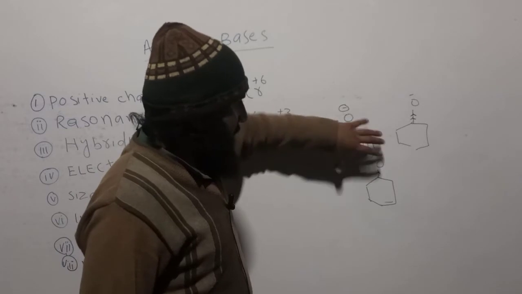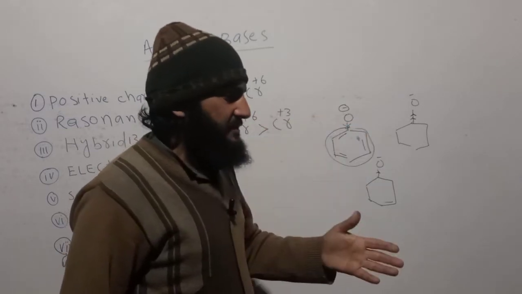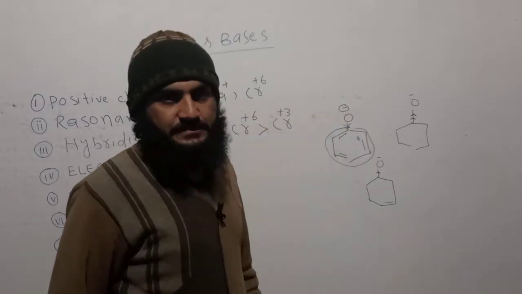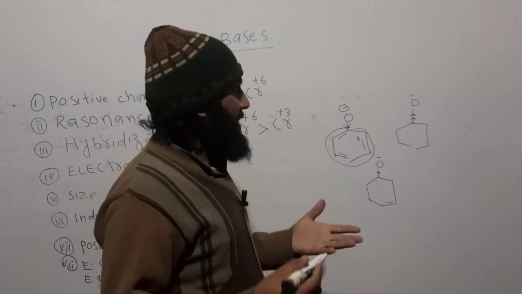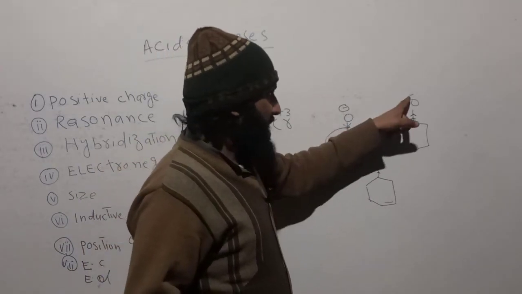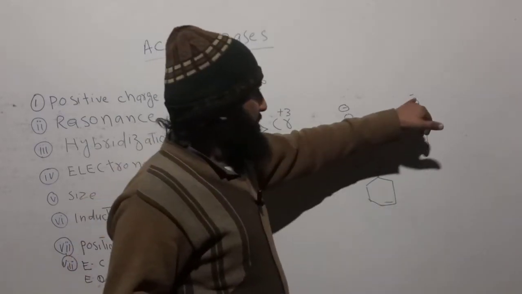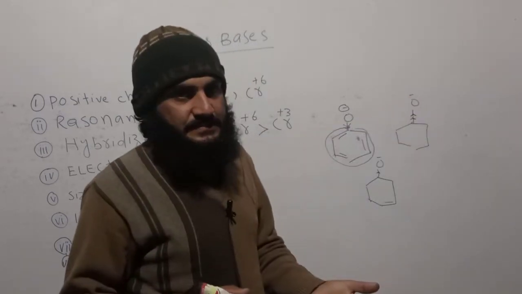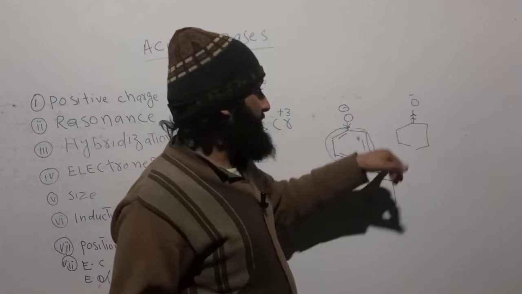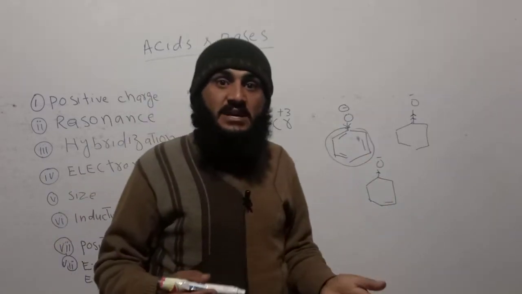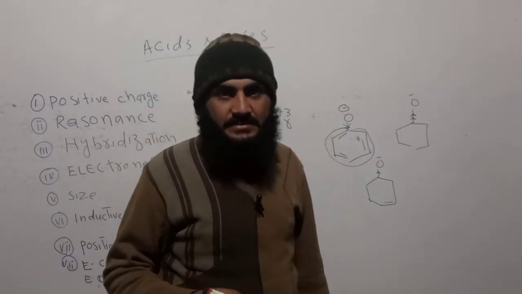If a chain donates its electron toward a negative charge, then what happens? The electron density of this negative charge will increase, the negative charge will be localized, and the reactivity of this negative charge will increase because charge density increases here.